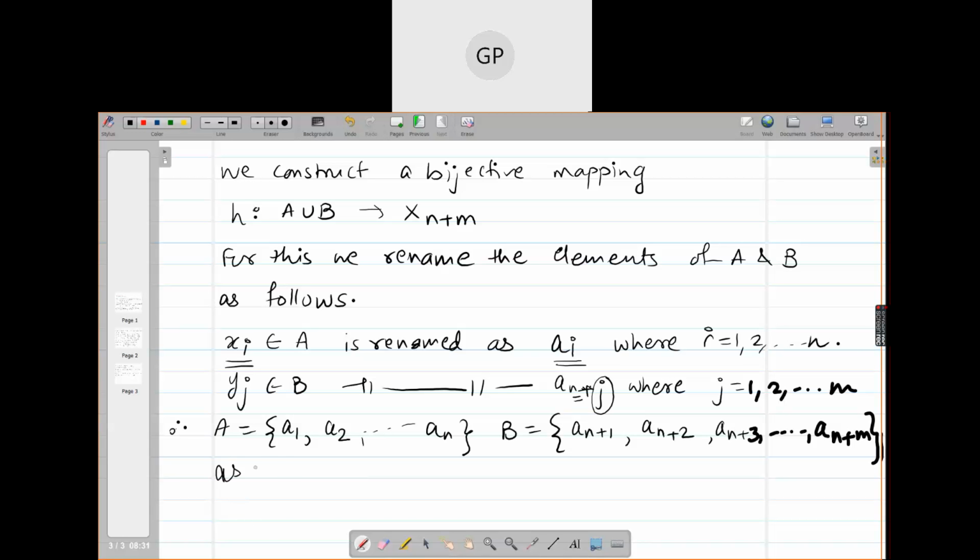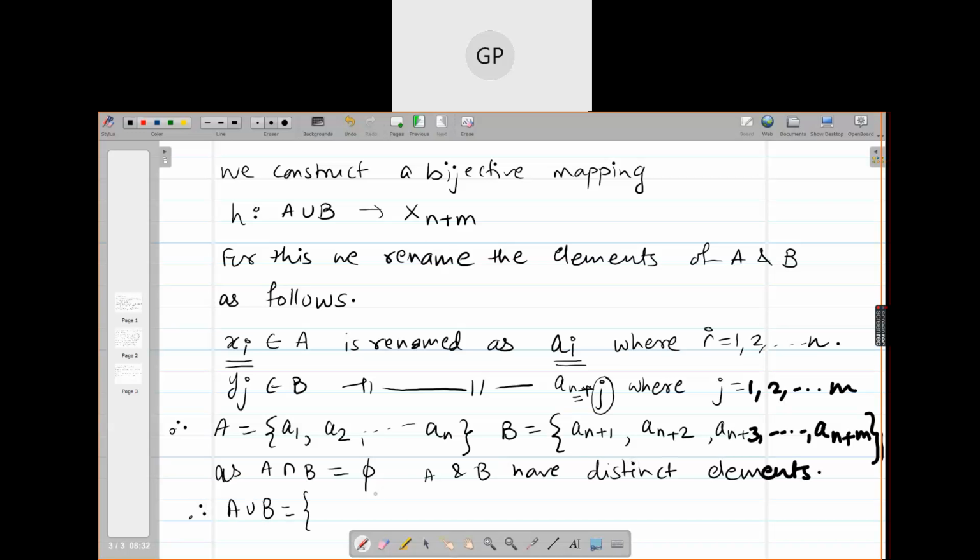And as A intersection B is phi, A and B have distinct elements, right? And therefore, what will be A union B?